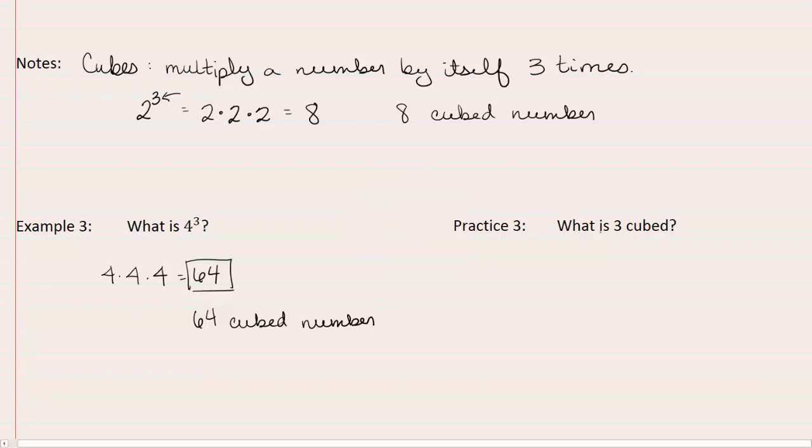Okay, this says, what is 3 cubed? So 3 times 3 times 3 is 27. 27 is 3 cubed. That is the end of the examples on primes, cubes, and squares. If you would like additional practice on these, please see the part 2 of 2 video for primes, squares, and cubes.